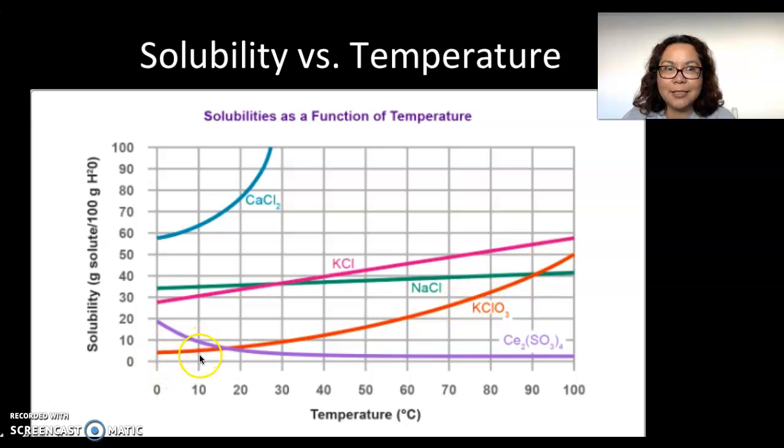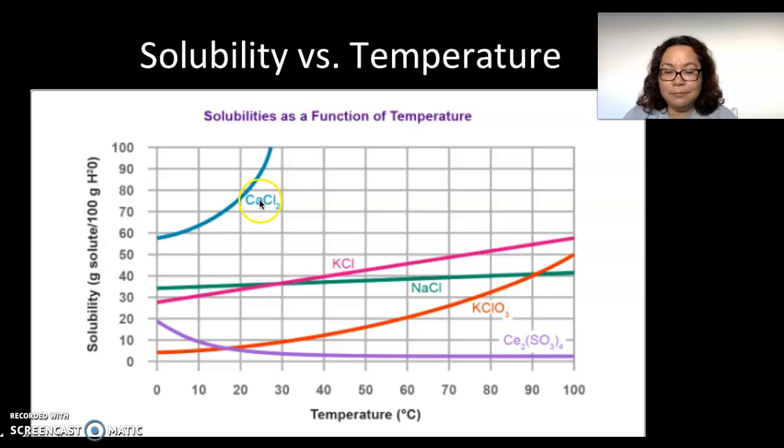It's what we call an exponential curve. But this one looks like it's got the biggest slope compared to all of them, right at 10 degrees. So the substance with the greatest solubility out of all of these has got to be this compound, CaCl2, calcium chloride.